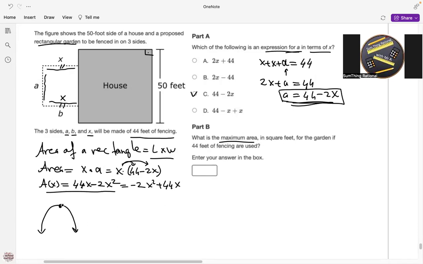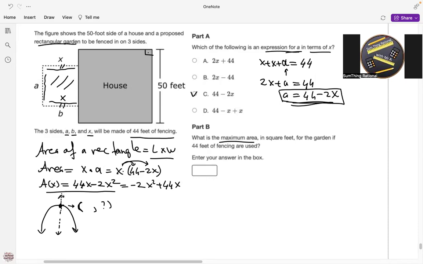So it has a maximum value. The maximum value of this will be the maximum area of this rectangular fenced garden. We can find the x value of the vertex first. This is the vertex. The x value of the vertex is on the axis of symmetry.